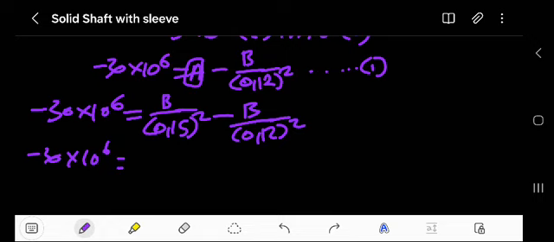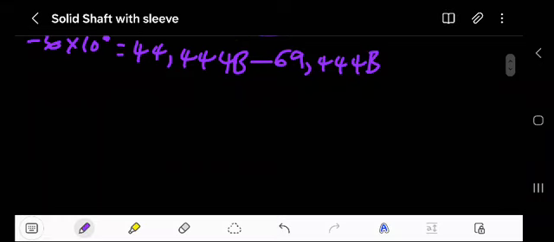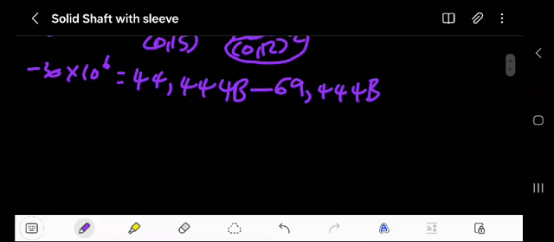You'll simply have 44.444b. Then minus, here is the same as 1 over 0.12 squared. To punch that, you'll have 69.444b. Make your life easier, make your life simple.